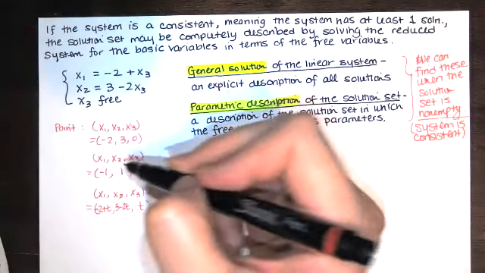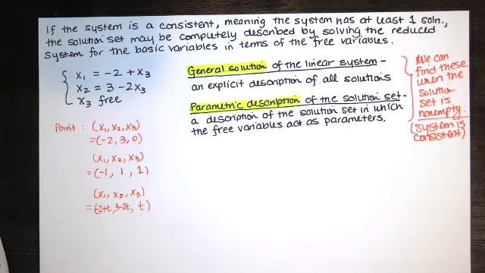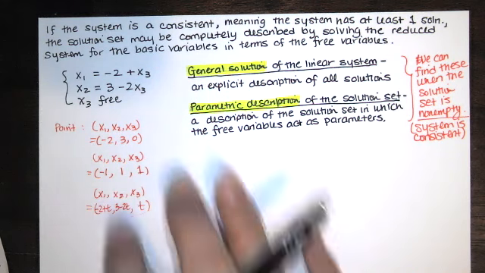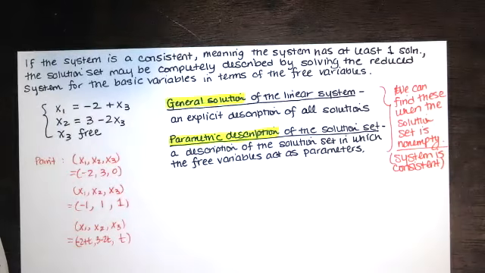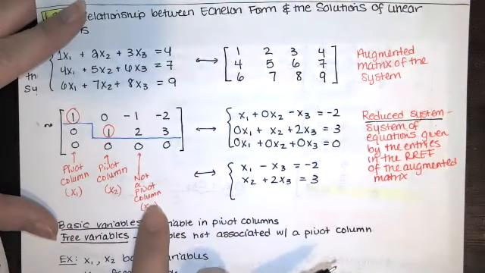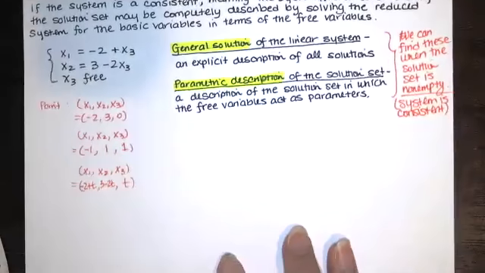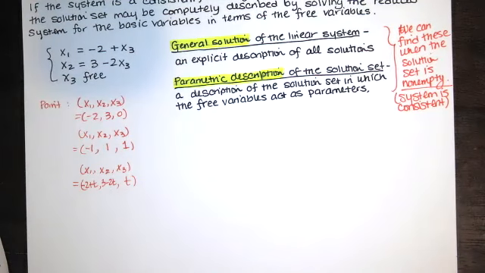This is a point in the solution set. This is a point in the solution set. And this is one way of describing all of the points in the solution set, where t can take on any real number. So if you have at least one free variable, then you have infinitely many solutions, and that set of infinitely many solutions can be described parametrically.